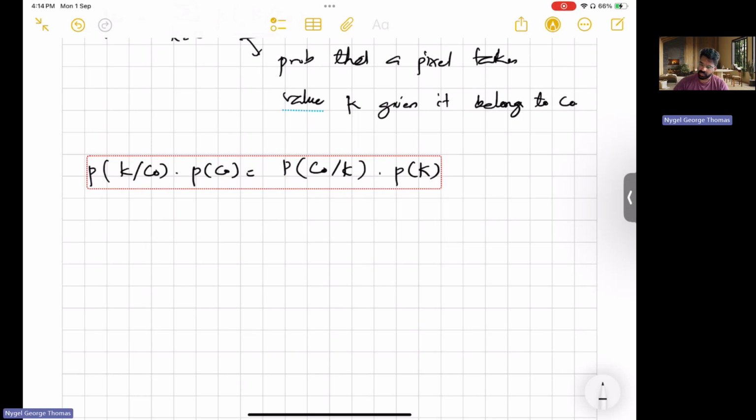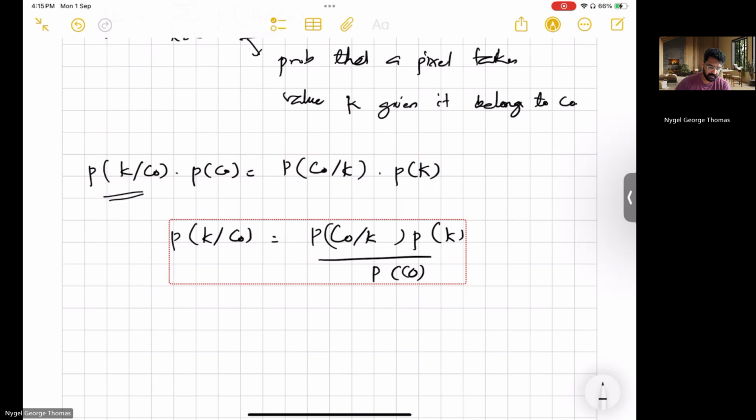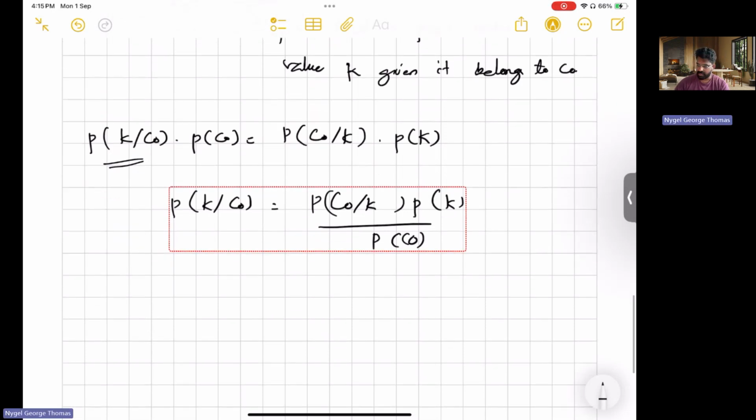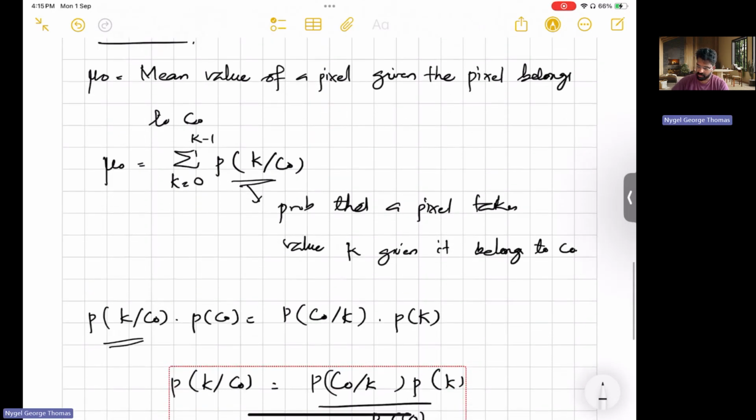So P of k given C0 is equal to P of C0 given k into P of k divided by P of C0. P of k, we know, is the normalized probability distribution. P of C0, we know it is omega naught.